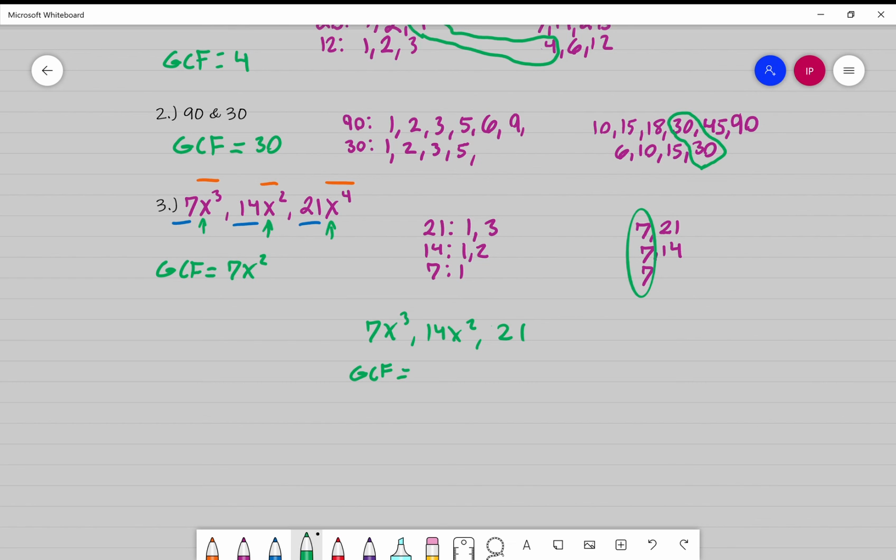We just did the work for that, so it would be 7. But we wouldn't have a variable in our GCF because there is no variable here. In order to have a GCF, you have to have that factor in common with every single term. And there's not an x in that last number, so we can't use x in our GCF.